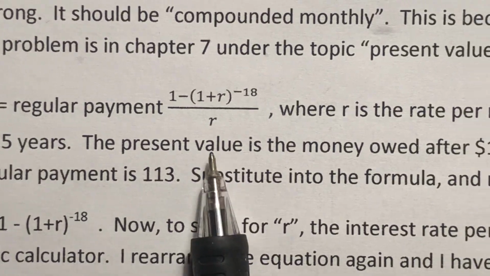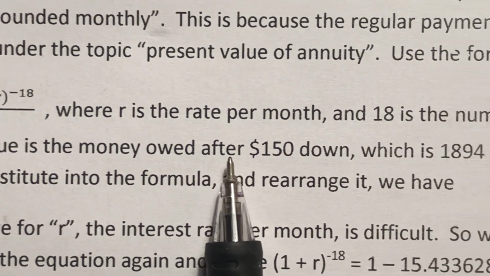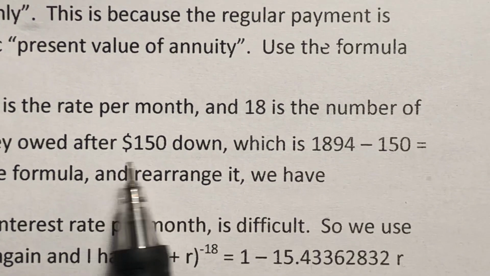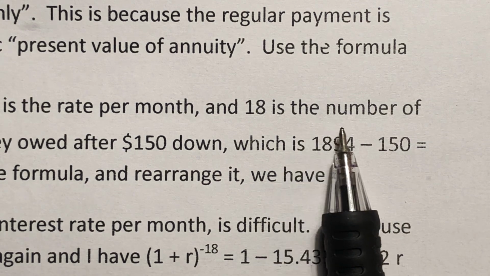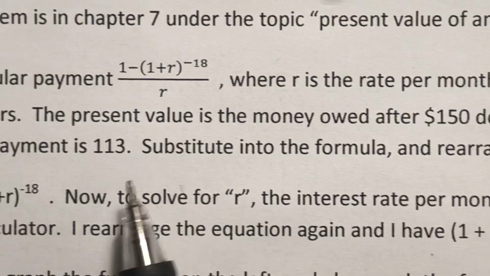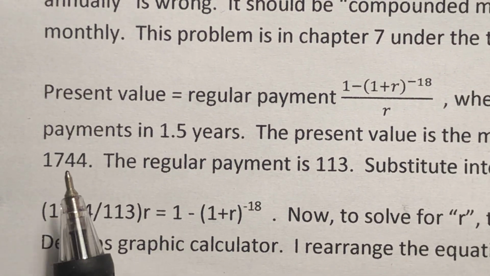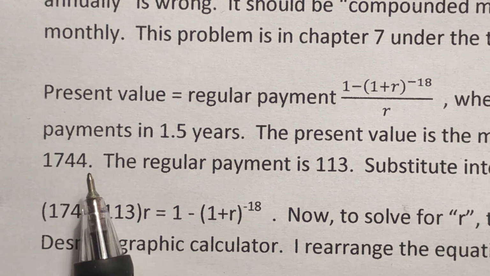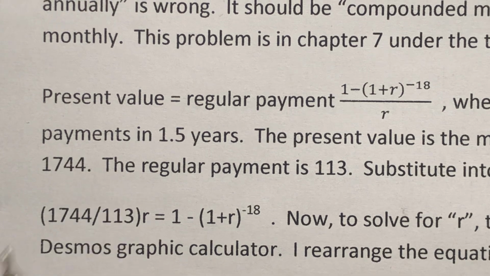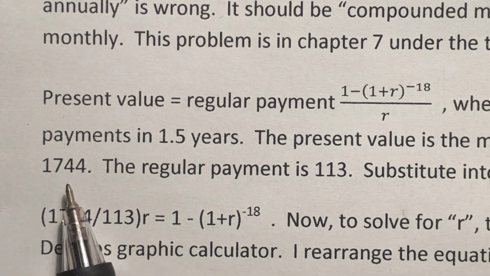The present value is the money owed after the down payment, $150, which is the price of the television minus the down payment. So the amount you owed to the company is $1,744. This is the present value. The value you owed today.